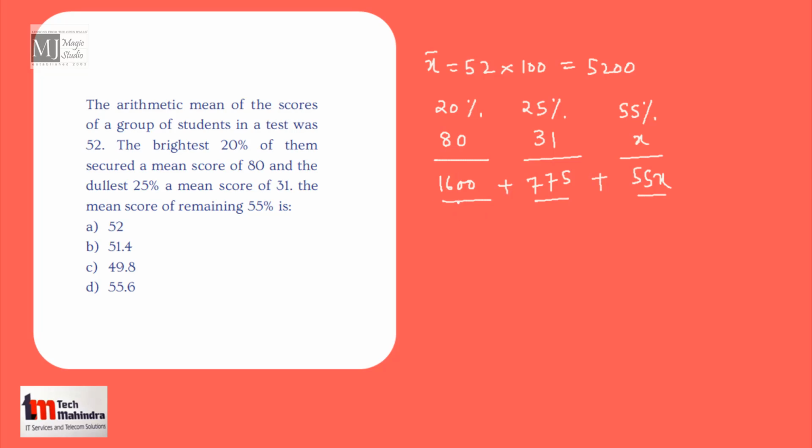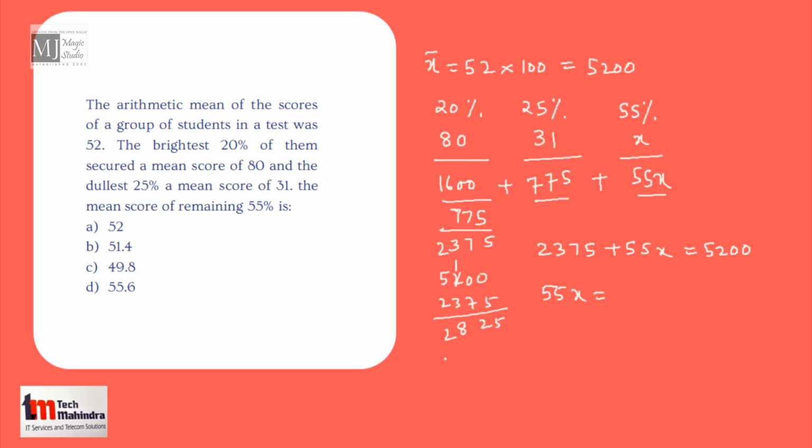Let's solve it now. 1600 plus 775 will give me 2375. So 2375 plus 55x equals 5200. So 55x is 5200 minus 2375, so it is 2825.